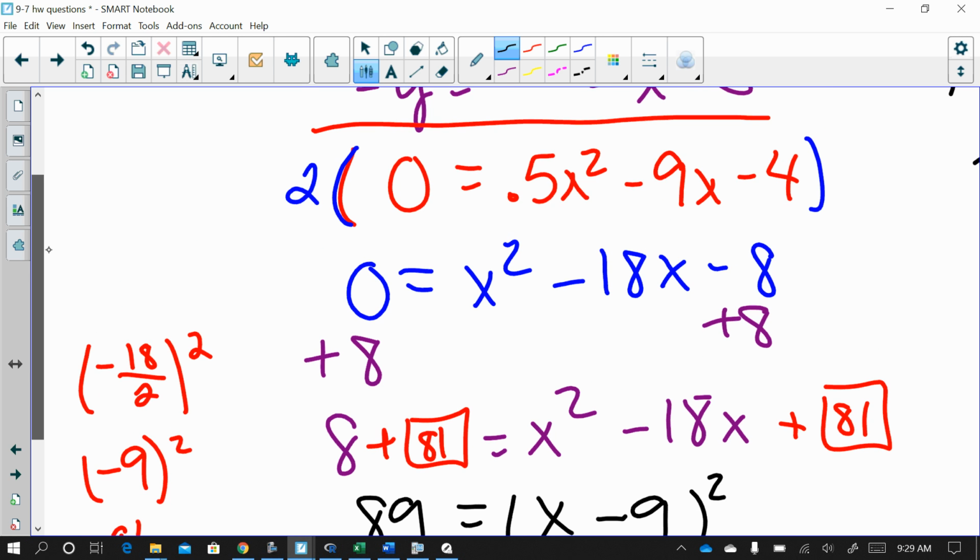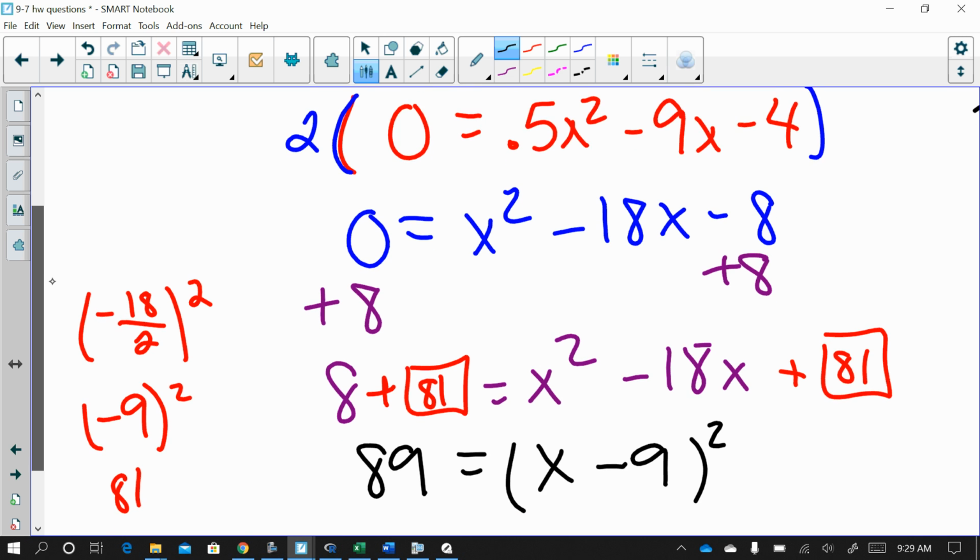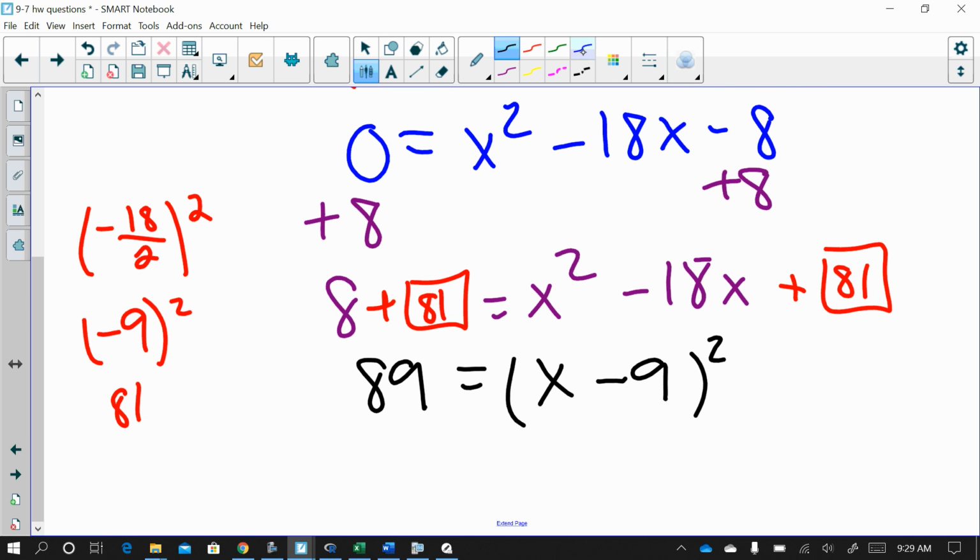Doesn't look like it. Okay, to solve, go ahead and square root both sides. Square root of 89. Don't know that one off the top of my head. So I guess we can change it to a decimal. That'll be easier to work with. 9.43.